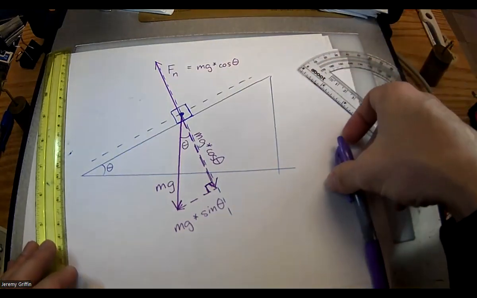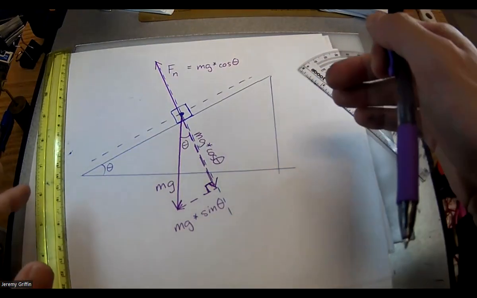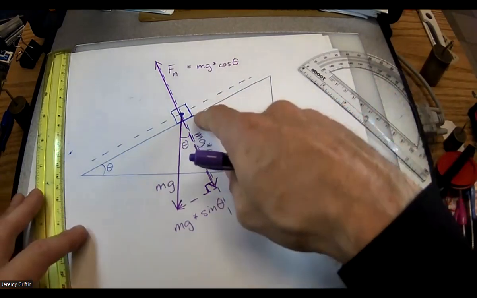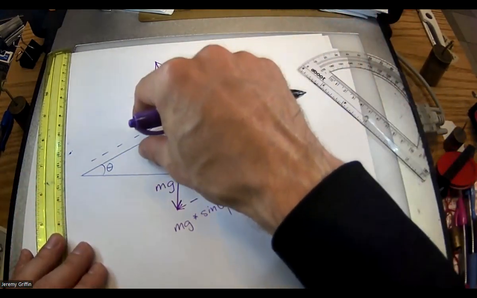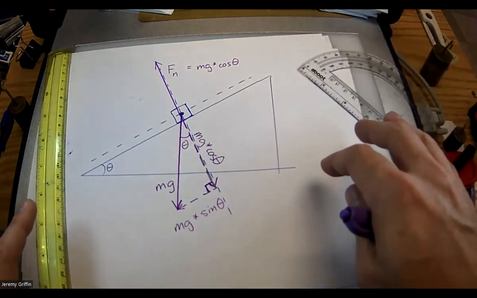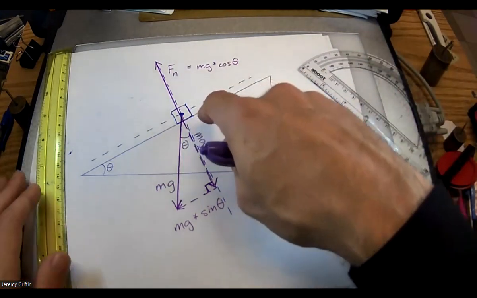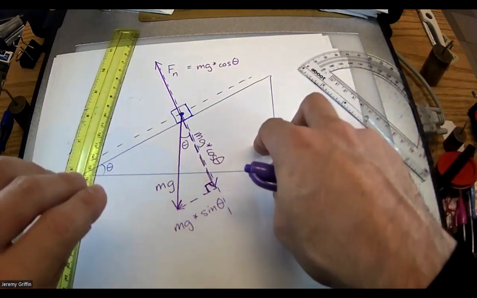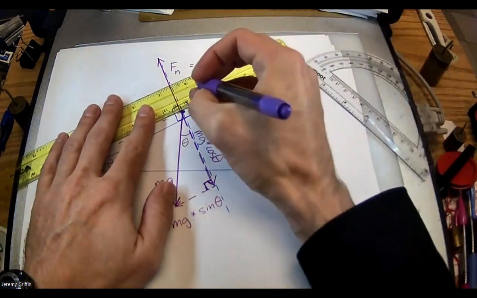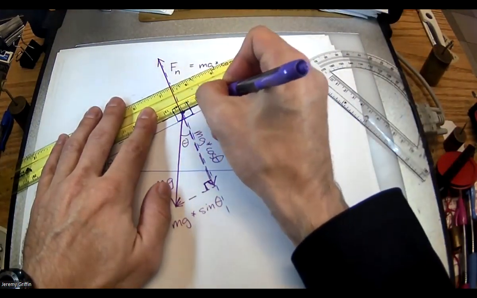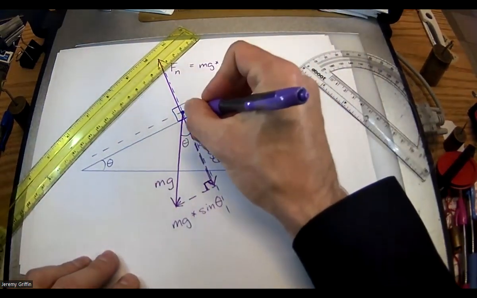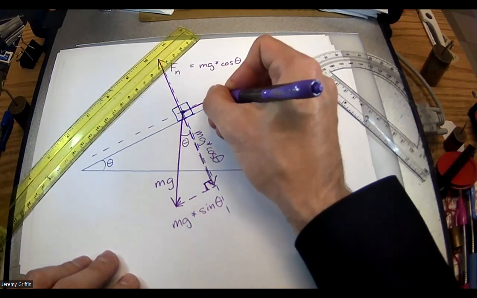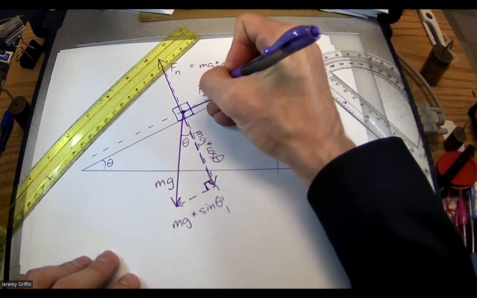But let's go one more step, which is if the block is at rest. If the block is at rest, or if the block is moving down at constant velocity, there are both cases of equilibrium, either at rest or constant velocity. So I need one more force, which is the friction force, which is going to be exactly opposite of mg sine theta. So it has that magnitude. I drew it this way.